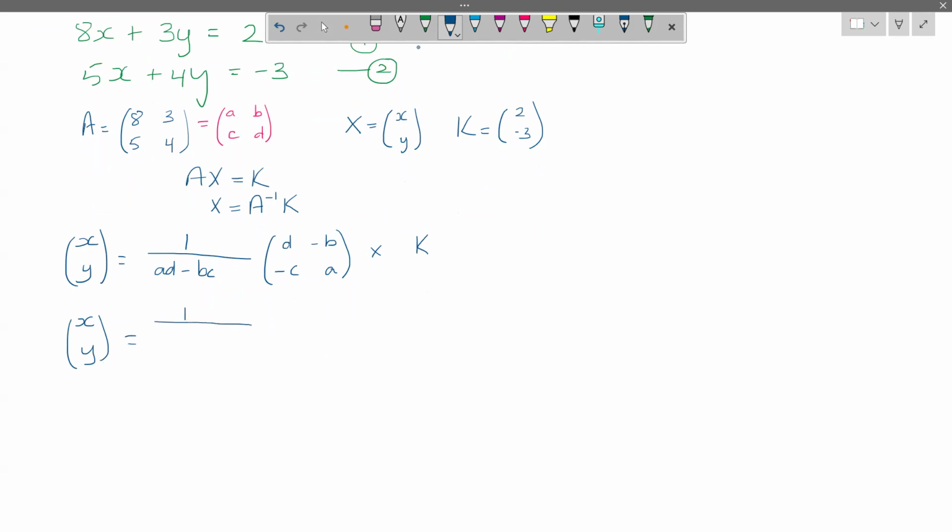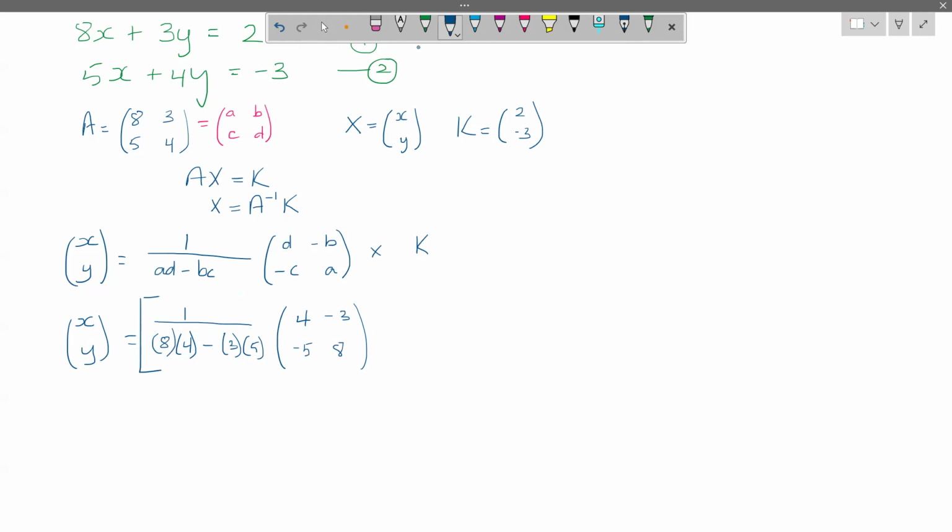One over A is 8, D is 4. B is 3, C is 5. On this side, swapping places. So up here is D.